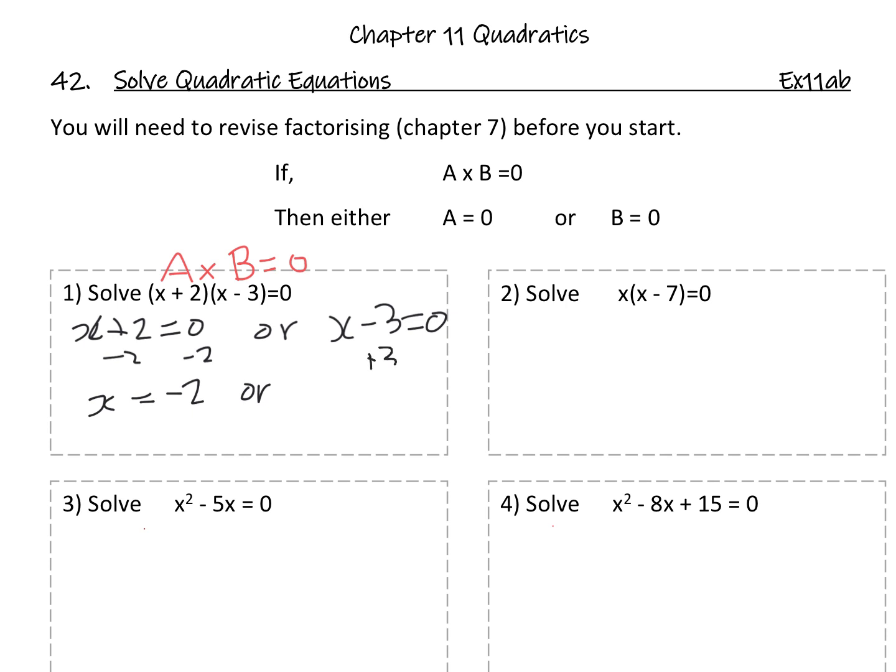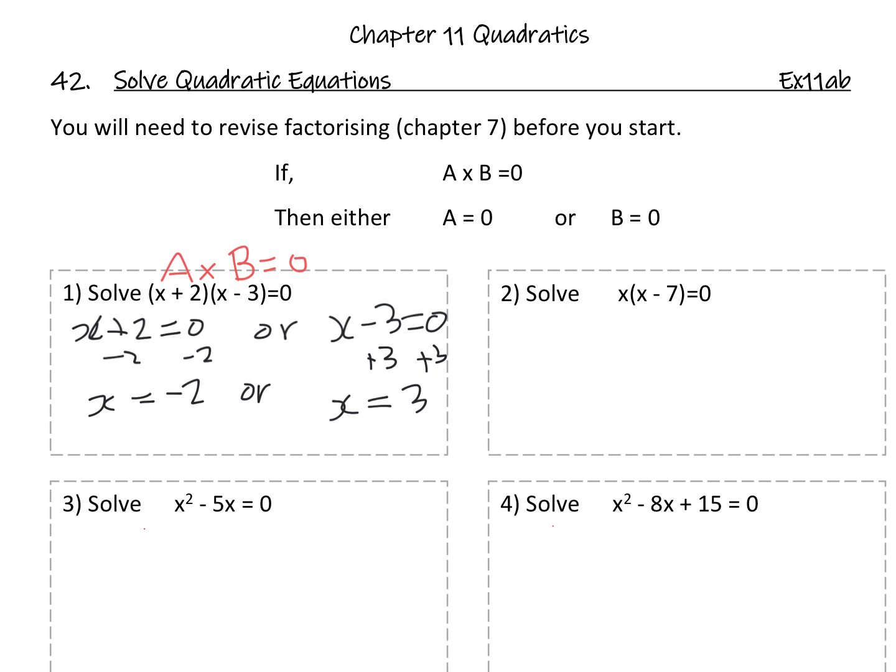We add 3 to both sides, and that tells us that x could be 3. So x is minus 2 or x is 3. If you put these into the original equation, you should get the answer 0. Let's just do it for 3 because it's easy. 3 plus 2 is 5, so the first bracket would be 5. 3 minus 3 would be 0, and 5 times 0 is 0, so it works. Okay?